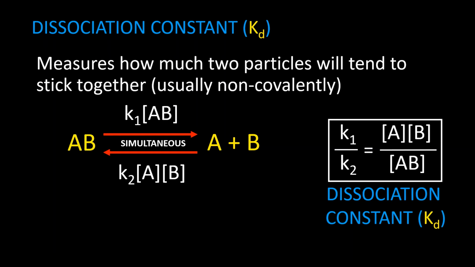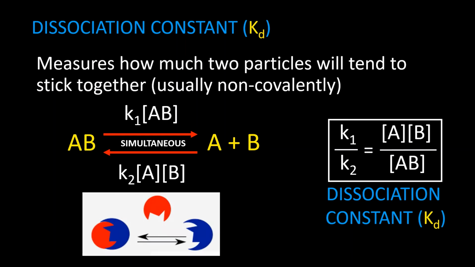But if the concentration of A plus B is greater than the concentration of AB, then this reaction is going to be predominantly backwards. And here on the right, you have the dissociation constant, which is again unique to different types of situations.